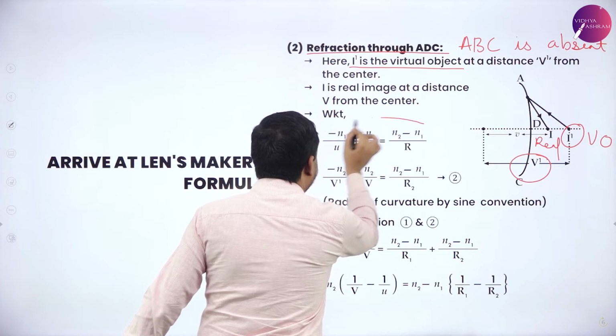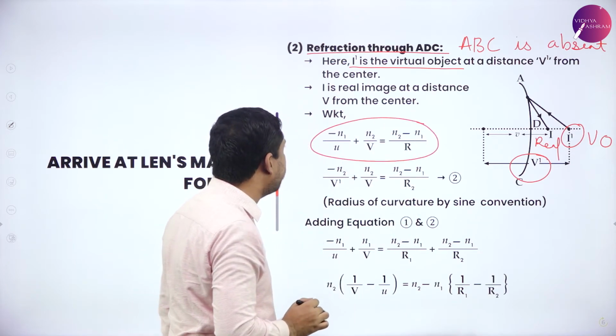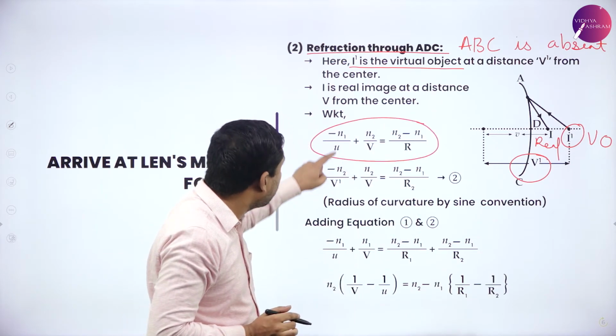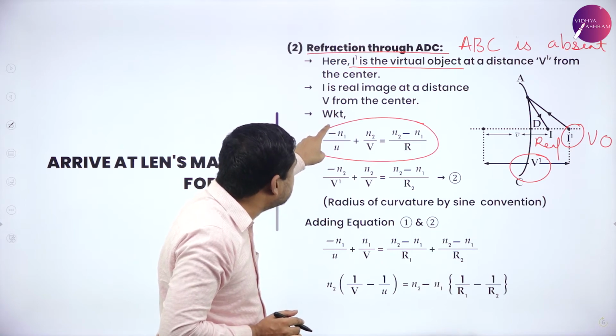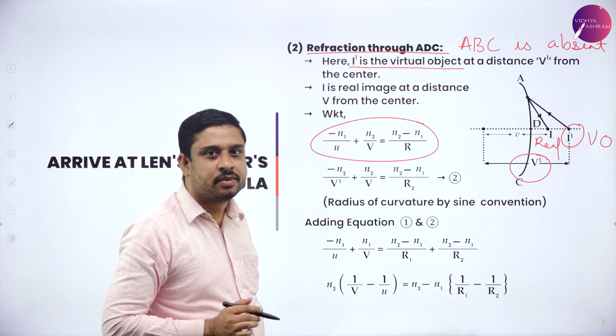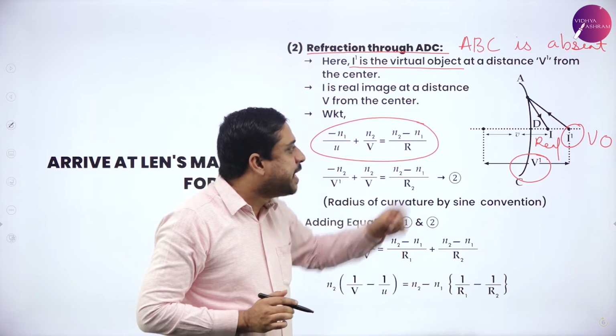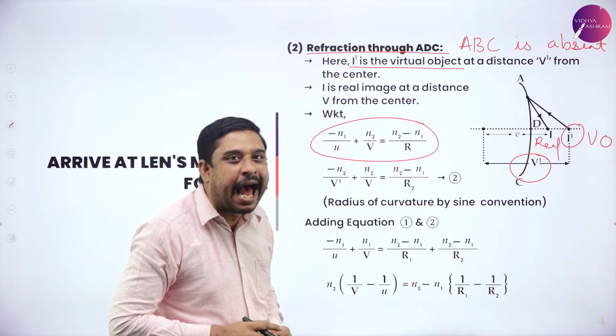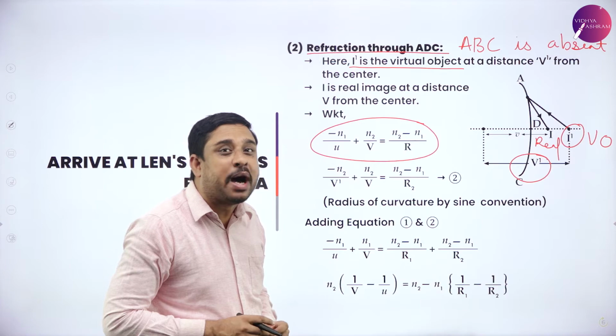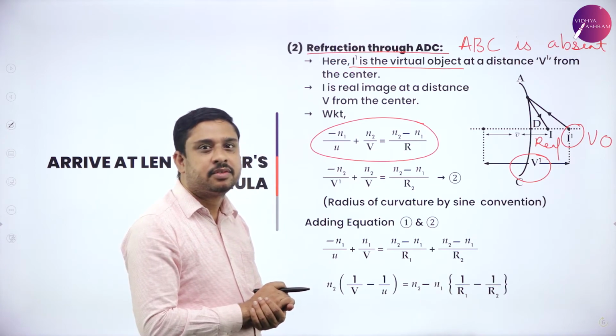Now, again considering the same formula, object space, but my image or I dash is the virtual object.